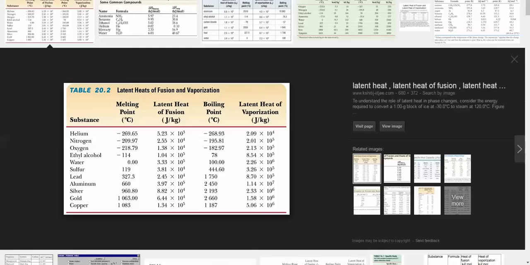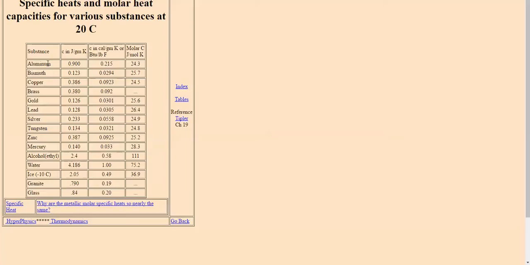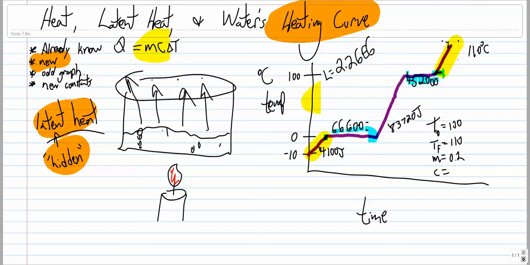So we're going to have to consult a table. Let's see here. Ice, water. Uh-oh. Going to have to go Google. Give me a second. And the specific heat for water vapor is 2010.